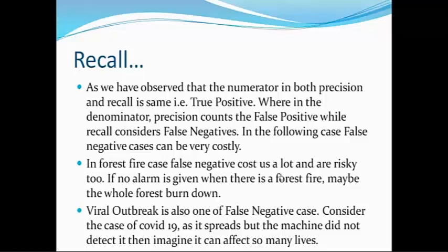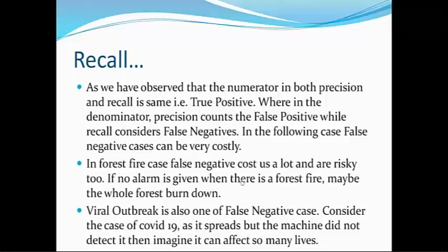The device is telling us there will be no fire, but in reality there will be fire. In reality the answer is yes, but in prediction it is no. For that reason it is false negative. And if it is false negative, then there is a very high chance of forest fire, and it will cost the fire people a lot.